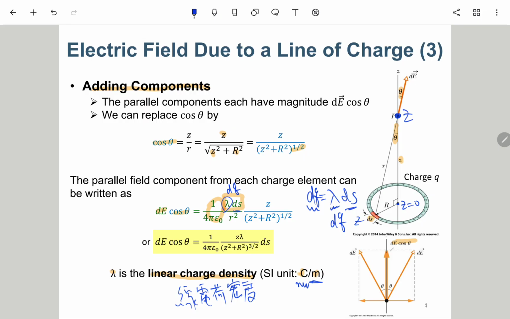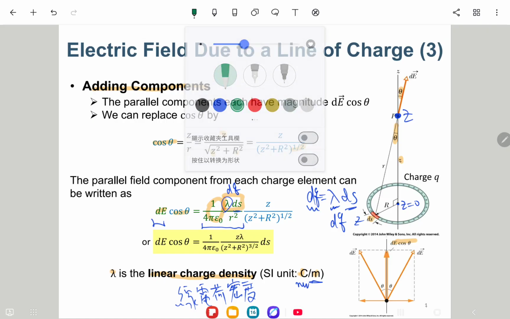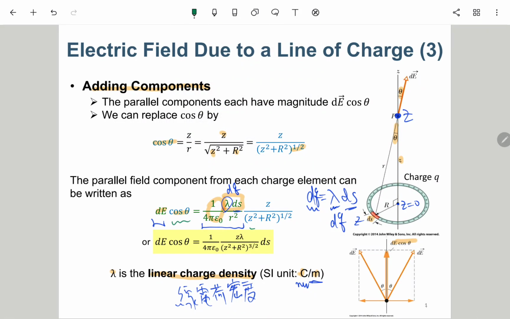Hopefully that makes sense. And then over r squared, which is this one. So this term is more or less the dE. And for the cosine part, it is here, which is actually this one. Nothing special.